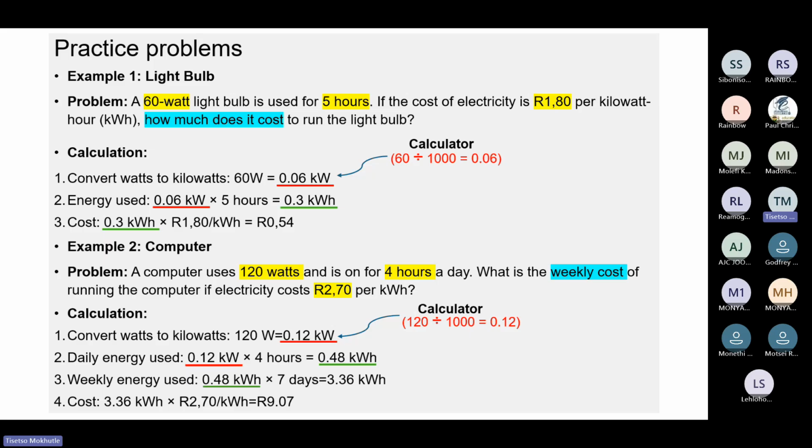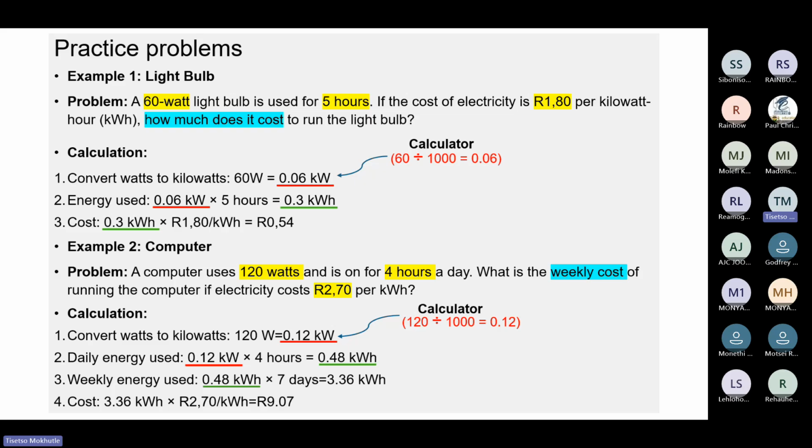Then we use the energy equation that says energy is equal to power, which is now in kilowatts, 0.06, multiplied by the time the electrical device is connected, which is 5 hours. So when you multiply, then you can find the energy that is produced by that device, 0.3 kilowatt hour, or 0.3 kilowatt hour of energy that is being used by that device.